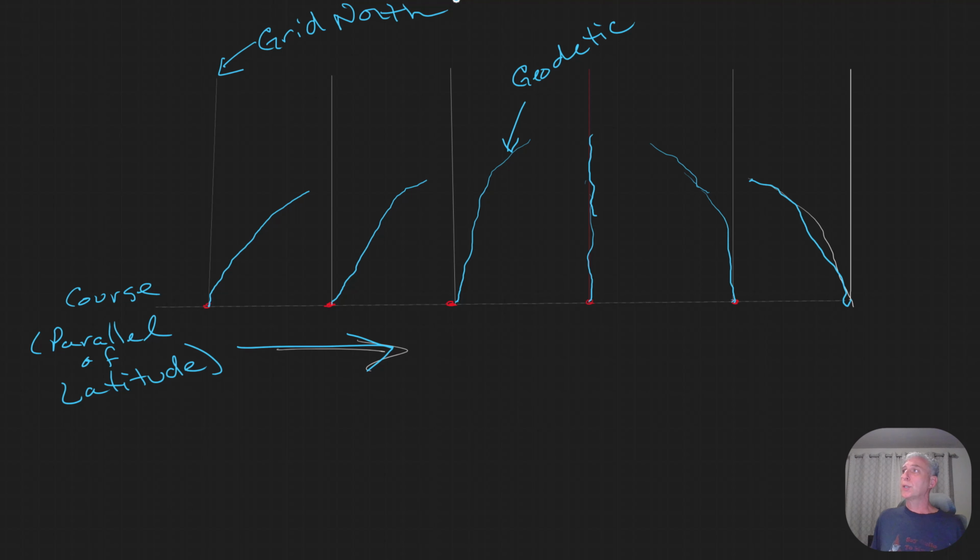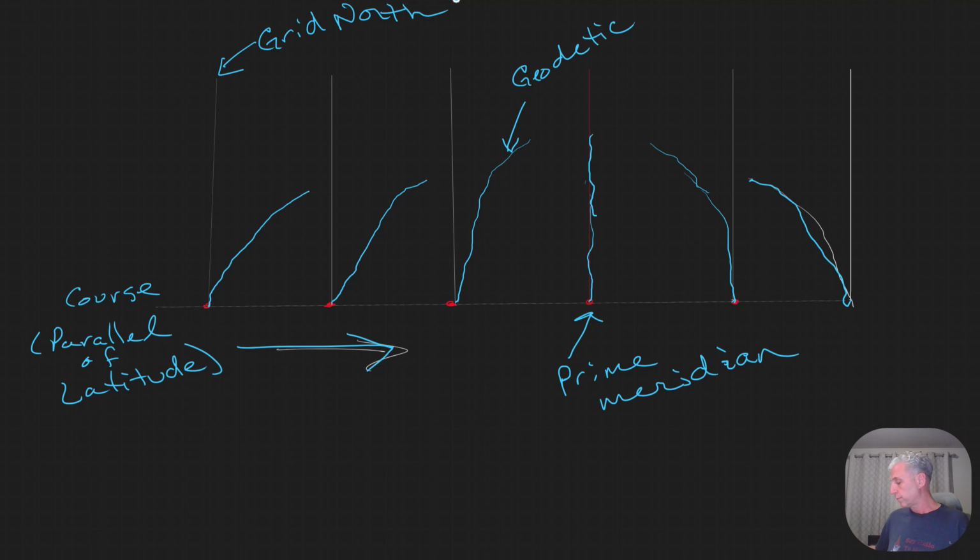And where the geodetic north aligns perfectly with grid north, that's called the central meridian. And we'll discover in map projections that any attempt to impose straight lines onto a sphere results in convergence.